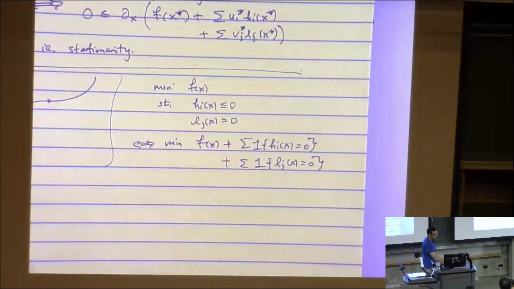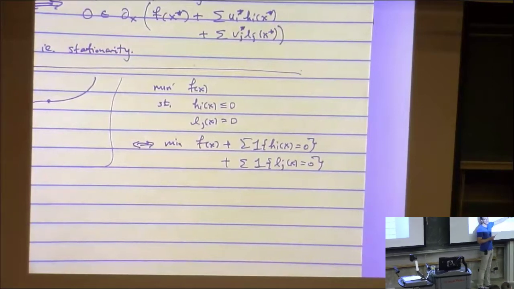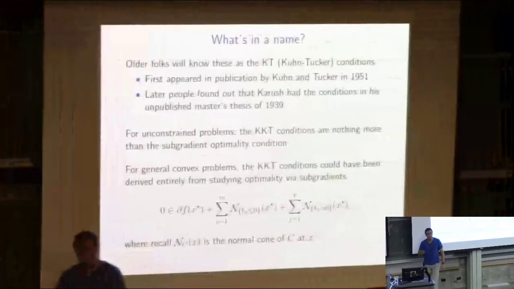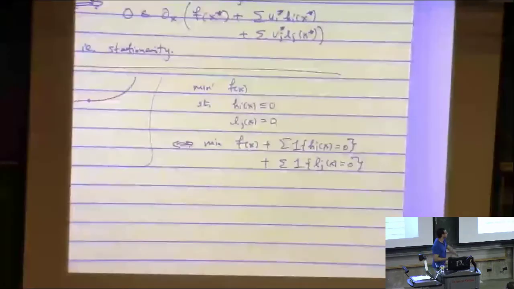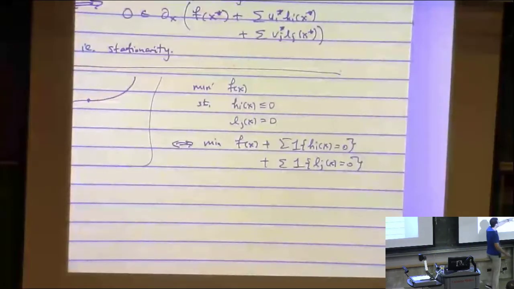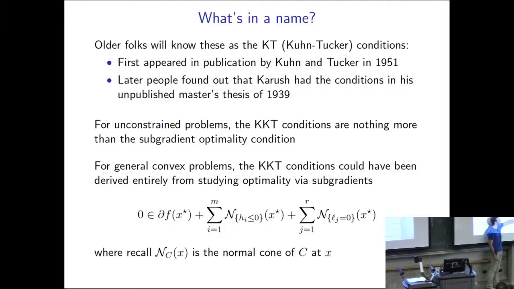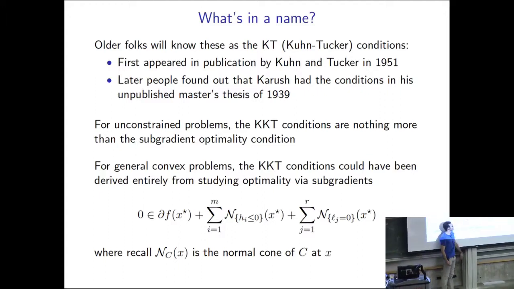That in fact looks like this. If all these functions are convex and the l_j are affine, then I can distribute the subgradient through the sum. So I have the subgradient of f plus the sum of subgradients of the h_i. But remember, we saw that the subgradient of the indicator function of a set is the normal cone of that set. That's what I'm denoting right here. This is the normal cone of the set of all x for which h_i is less than or equal to 0 at a point x star.